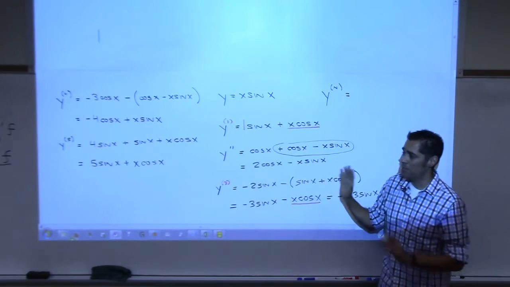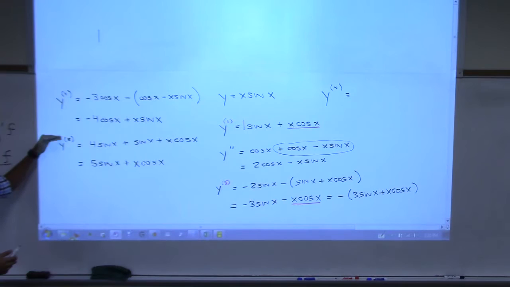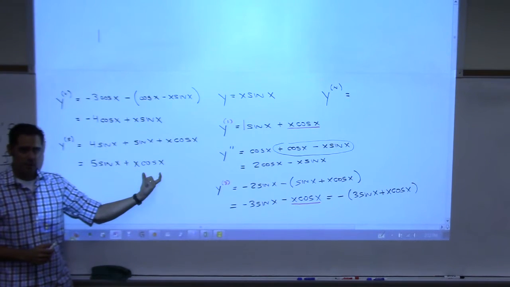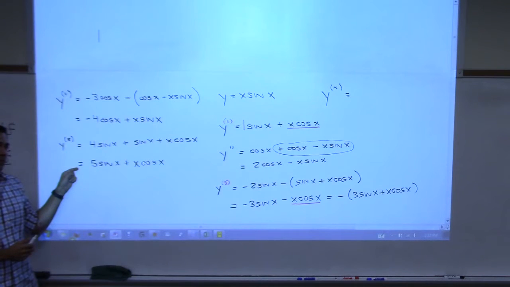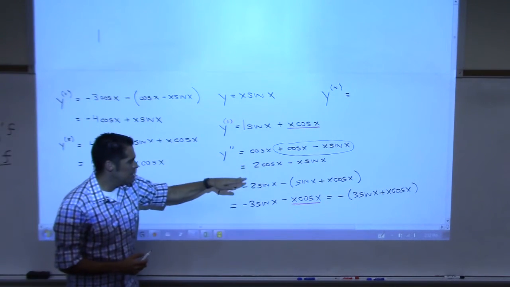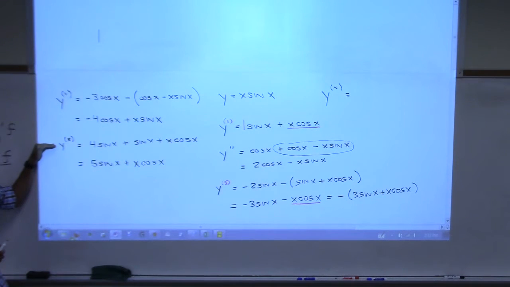Let me go to the 5th one and see if it follows the pattern. I'm on the 5th one, right? I should have 5 in front of sine x. I should have the x cosine x appear. This one's positive though. So it started out what? Positive, then it went negative on the third one, and then it went positive again. So let's guess, what should the 7th one be?